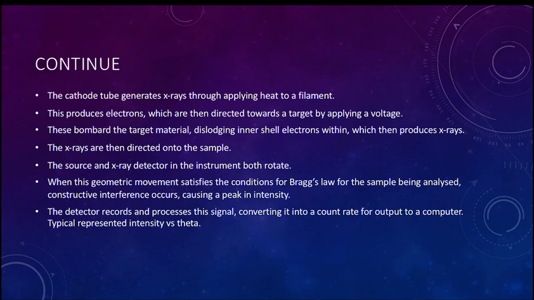When this geometric movement satisfies the condition for Bragg's law for the sample being analyzed, constructive interference occurs, causing a peak in intensity. The detector records and processes the signal, converting it into a count rate for output to a computer, typically represented as intensity versus theta.